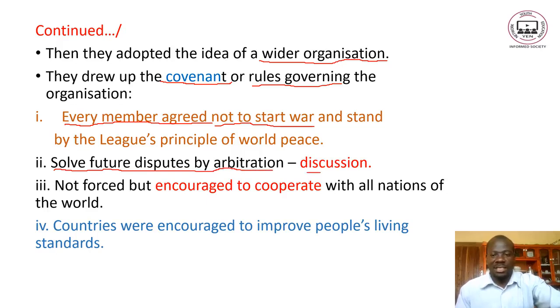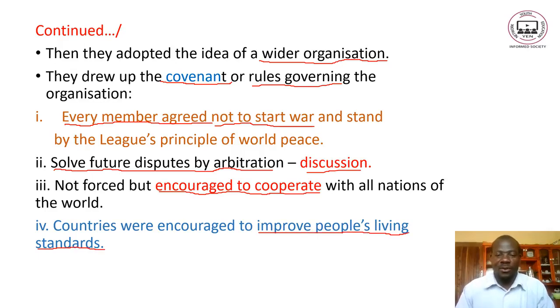Arbitration means discussion: both sides come to the round table and discuss, not going into war. Countries were not forced, but encouraged to cooperate with all other nations of the world. And countries also agreed to improve people's living standards. Those were some of the issues in the covenant.